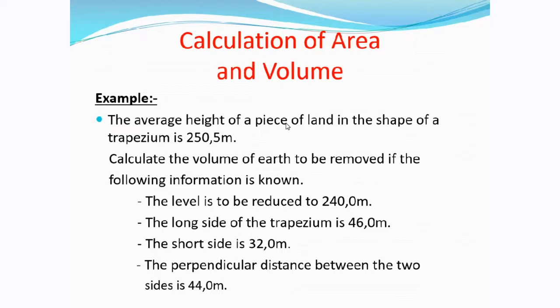The level is to be reduced to 240,0 meters. The long side of the trapezium is 46,0 meters and the short side of the trapezium is 32,0 meters, as well as the perpendicular distance between the 2 points is 44,0 meters.